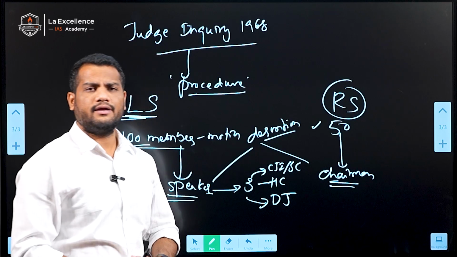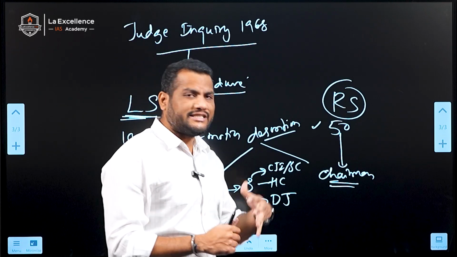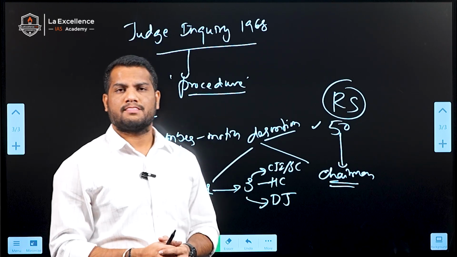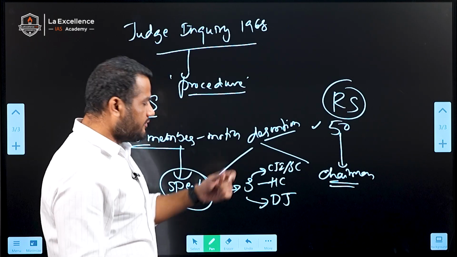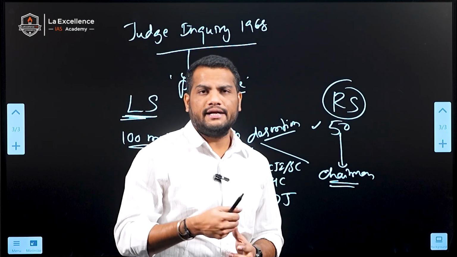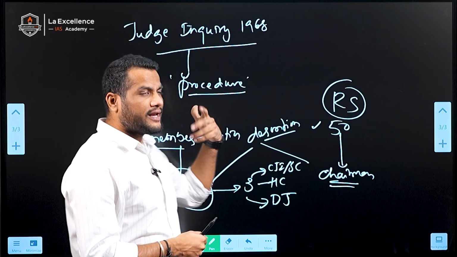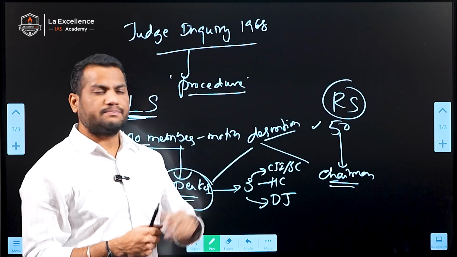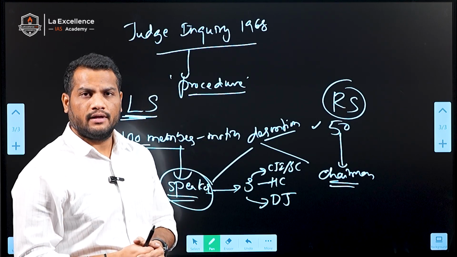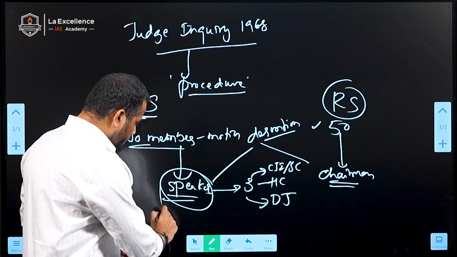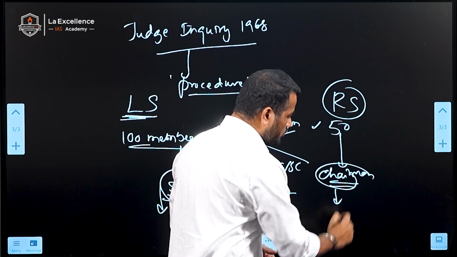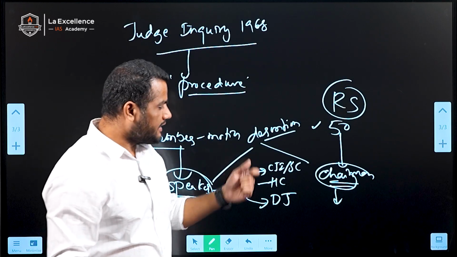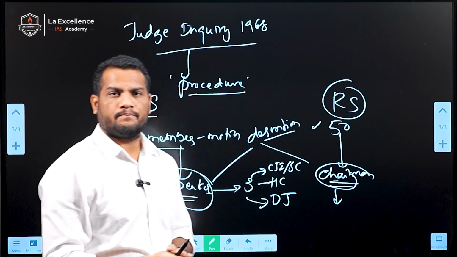This 3-member committee will inquire into the allegations made by the members and submit a report to the Speaker. If the 3-member committee finds the Supreme Court or High Court judge guilty of misbehavior or incapacity, then the Speaker, as well as the Chairman, puts the report in the House for discussion.